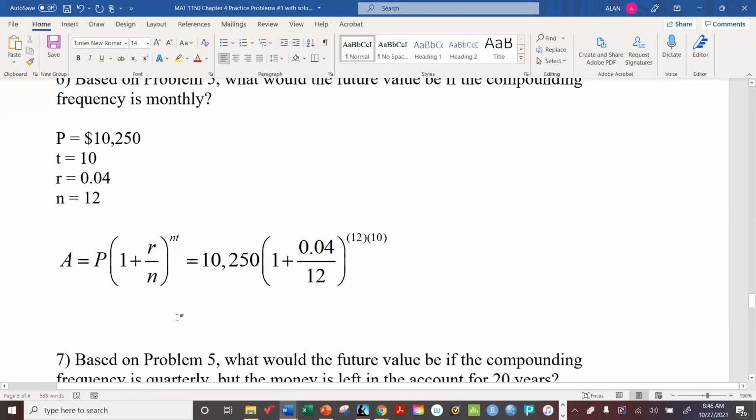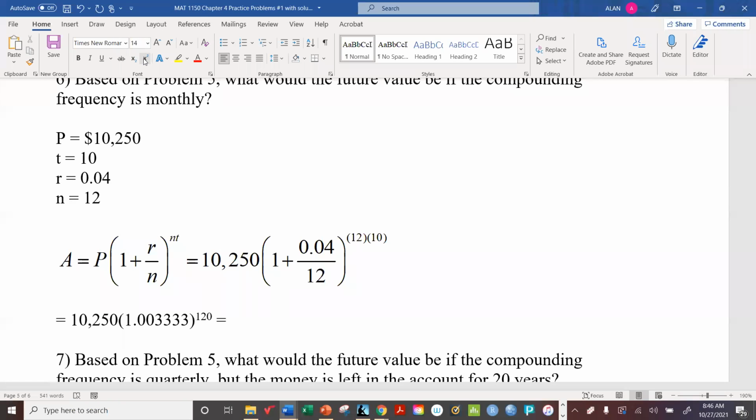Now the question is then, what is the new value? So it's 10,250. If you divide 0.04 by 12, it's going to be 0.003333. We can round it a little. And then the exponent will now be 120. Let's see how much of a difference that makes.